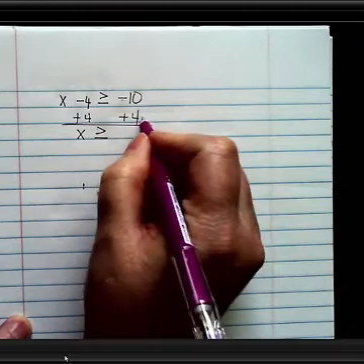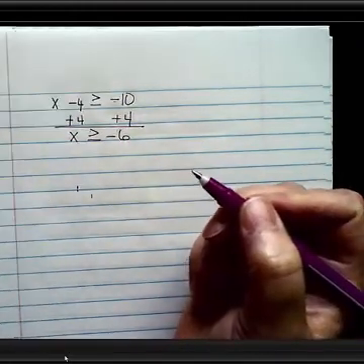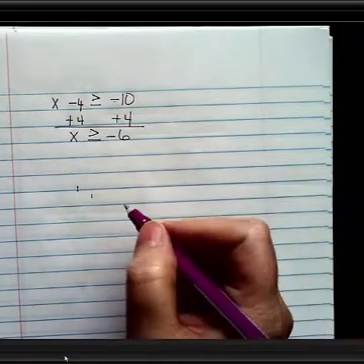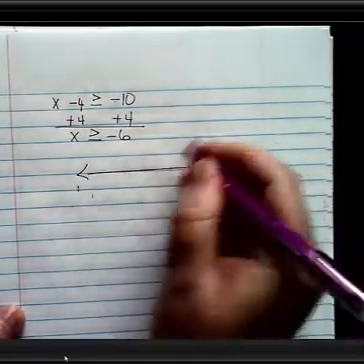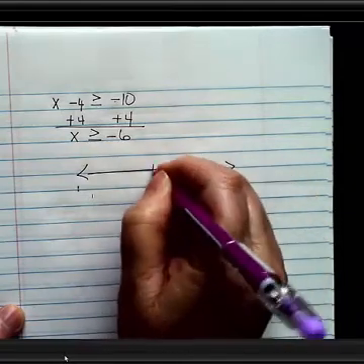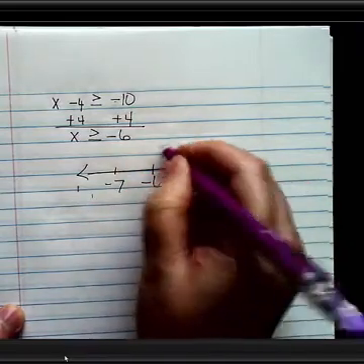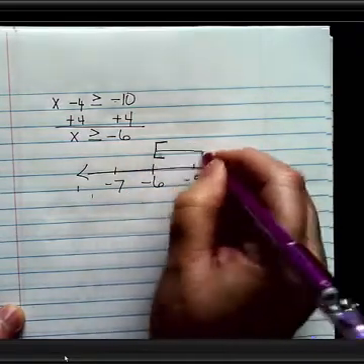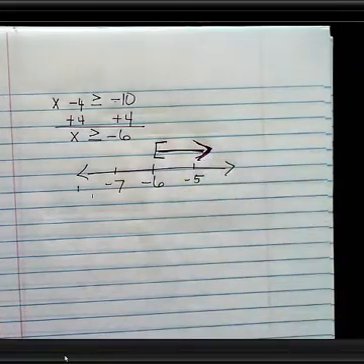What's -10 plus 4? -6. And remember, use your calculator. So when I graph this on a number line, my -6 is here. It would look like this, going this direction.